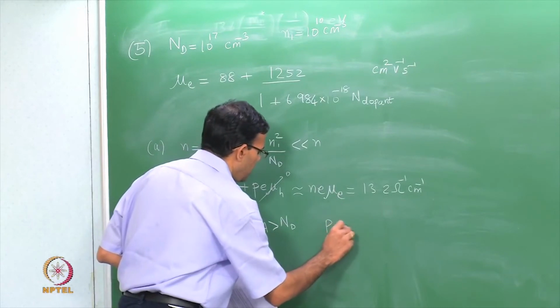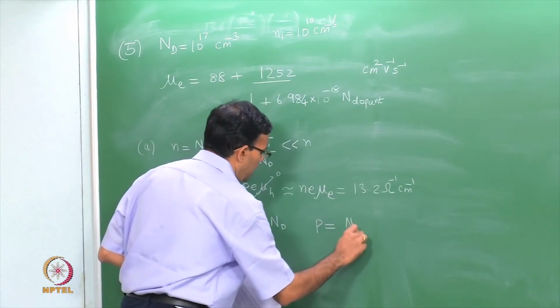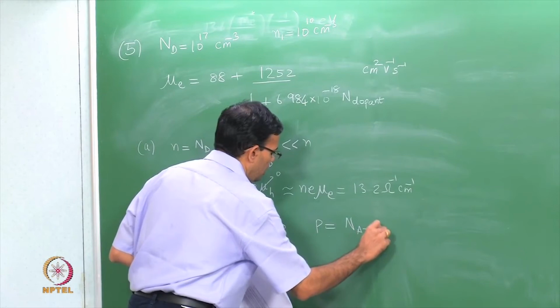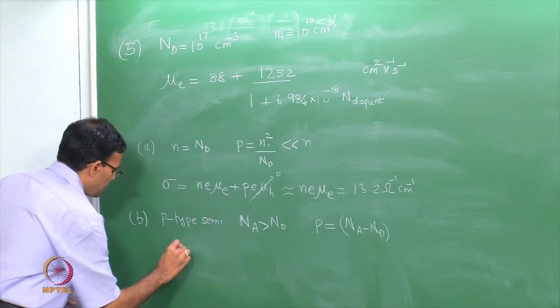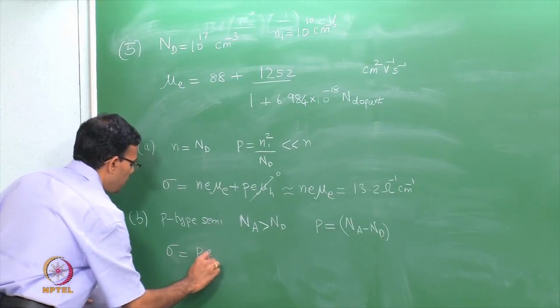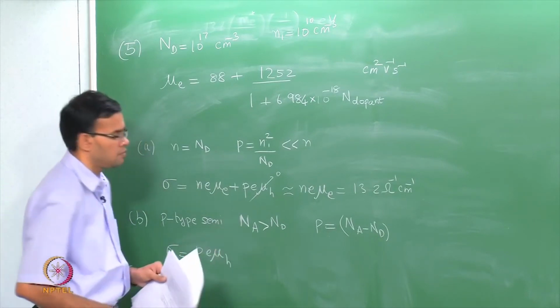So, P in this case is nothing but Na minus Nd, and conductivity sigma is Pe mu H.